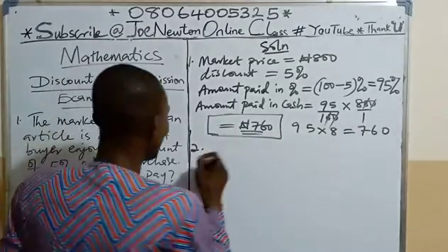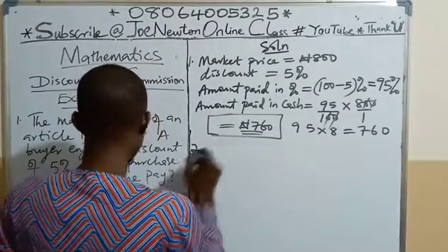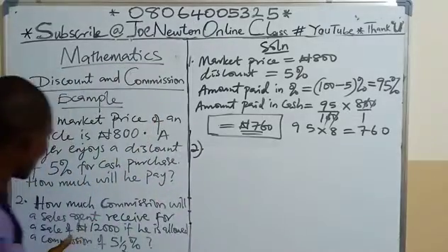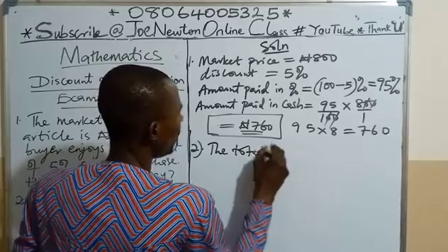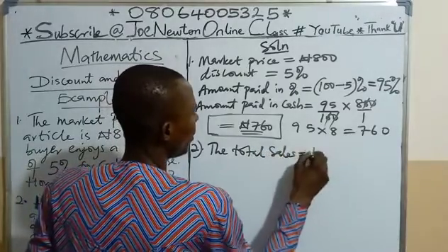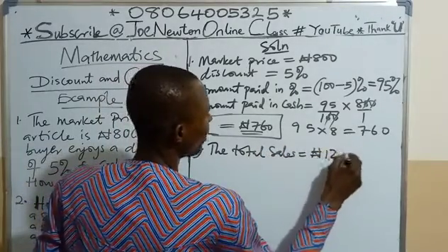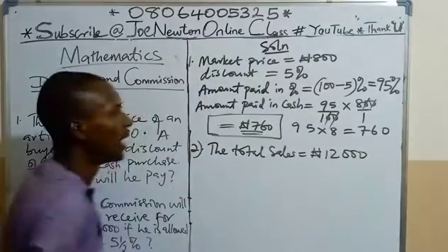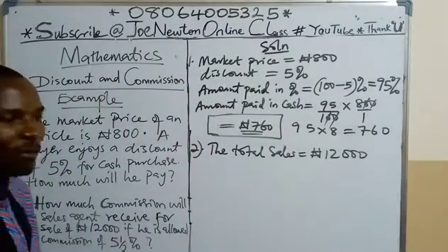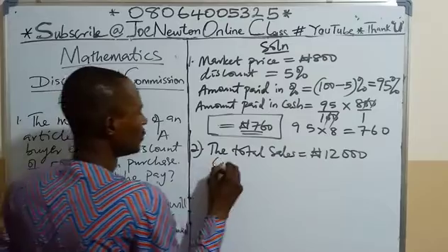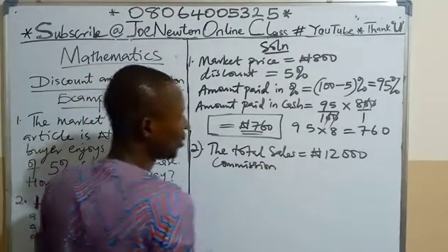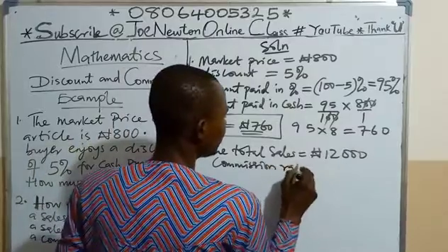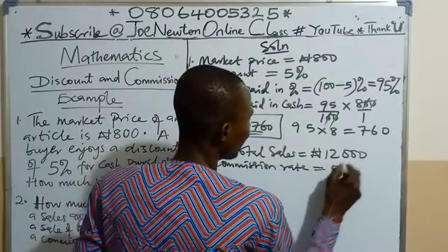Good. Solution: we have that the total sales is 12,000 naira, and he's granted a commission of 5.5%. Commission rate is 5.5%.